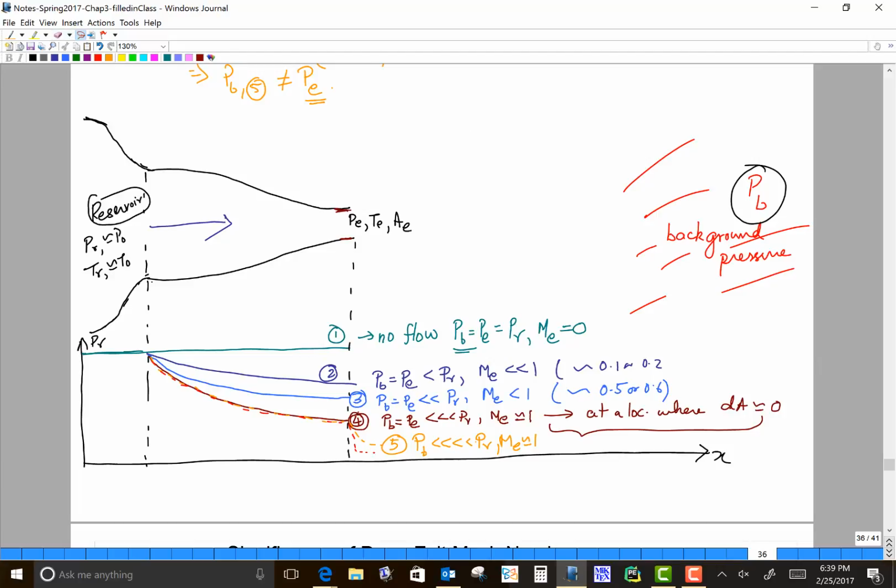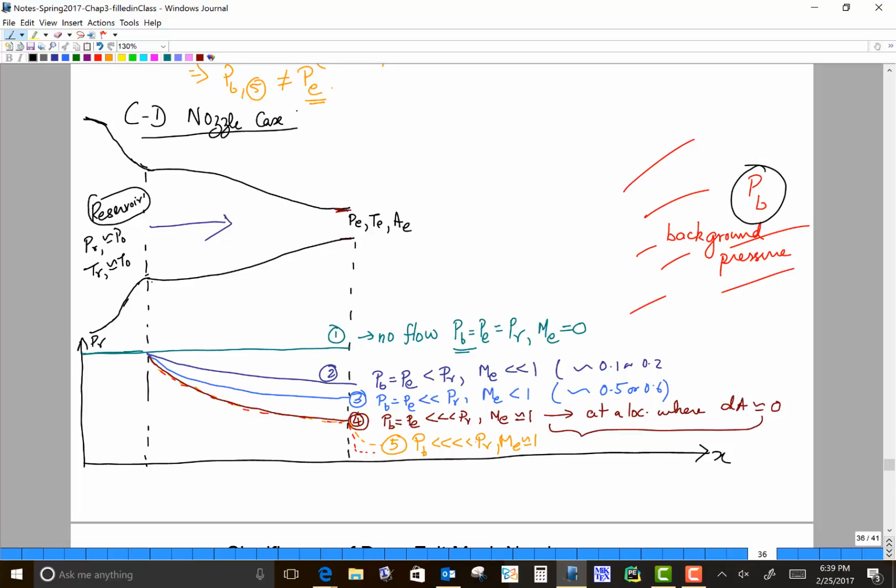So let me call this the converging diverging nozzle case.